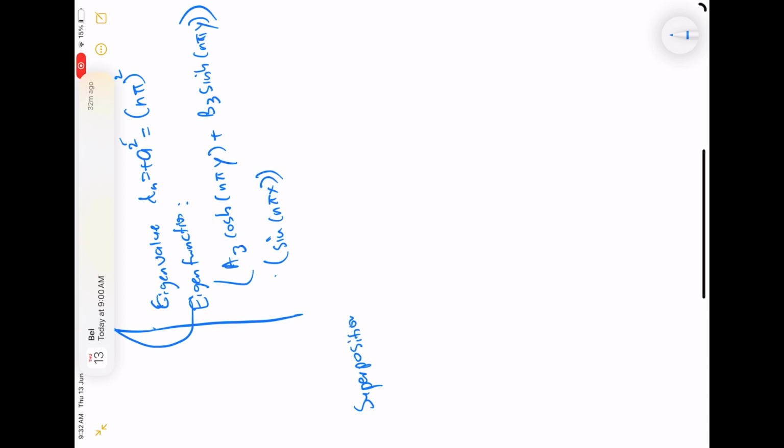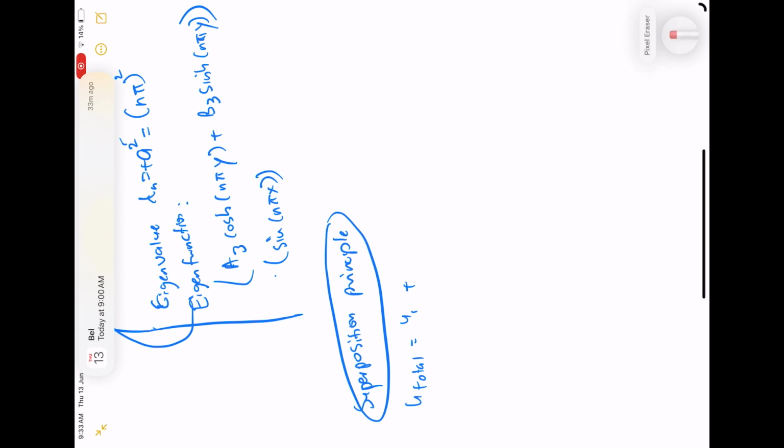This is easy, just put all of them together. The superposition principle is u total equal to u case 1 plus u case 2 plus u case 3. So this thing here we call superposition, but we only have u3, right?